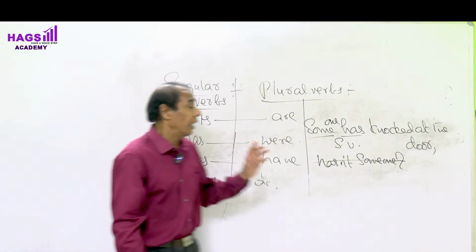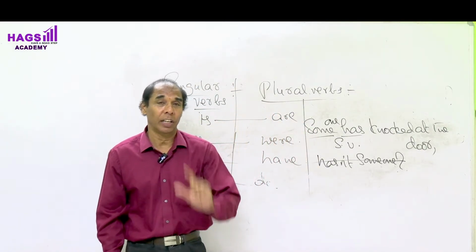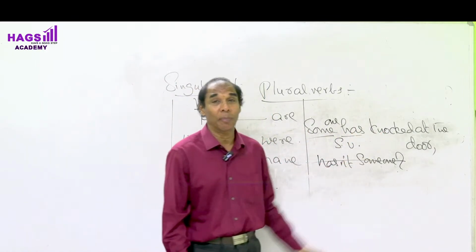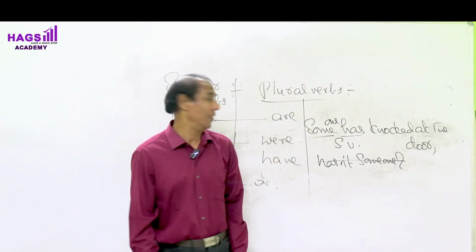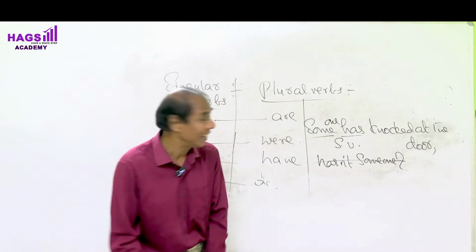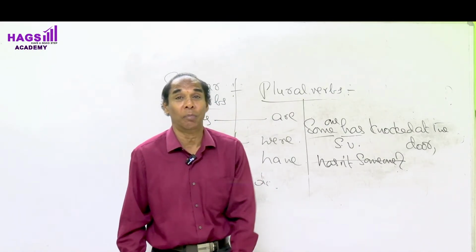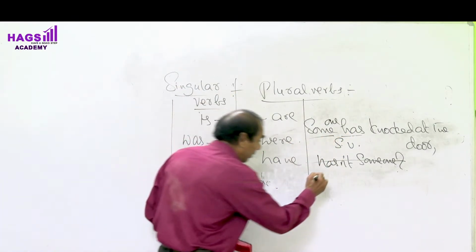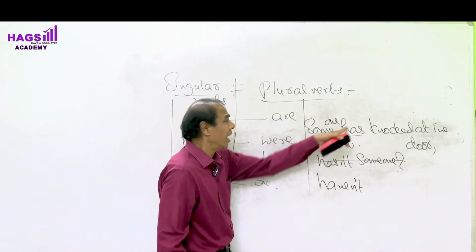Why? Someone, somebody, everyone, everybody, no one, nobody. These 6 words at the time of statements take singular verb. But at the time of question tags, these words take plural verb. Now we want question tag, right? At the time of question tag, what is the verb we have to use here? Plural verb. What is the plural of has? Have. Have plus not, haven't. Why not? Statement is positive.